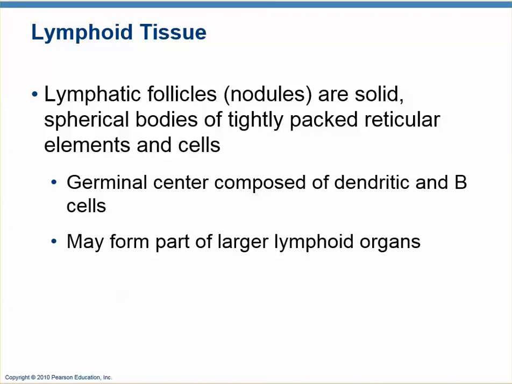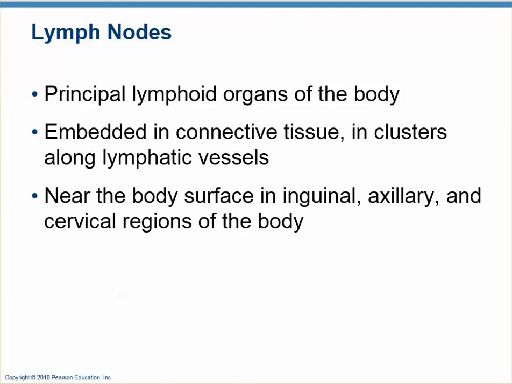Sometimes it has names like Peyer's patches. Sometimes it doesn't have names. Nevertheless, it's lymphoid tissue. These aren't lymph organs because there's only one tissue type here, and it's reticular connective tissue. The lymph organs are things that have more than one tissue type. An organ has more than one tissue.